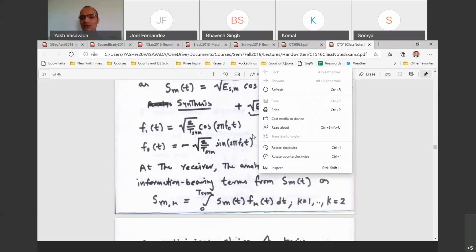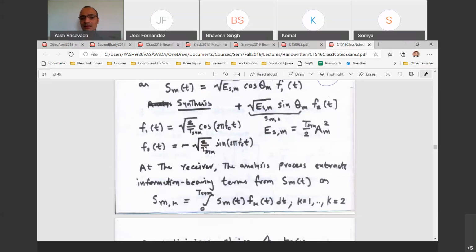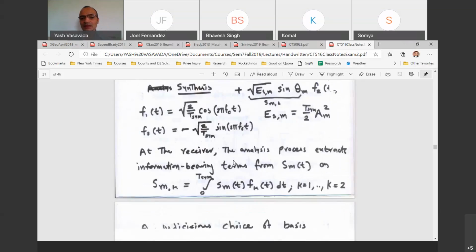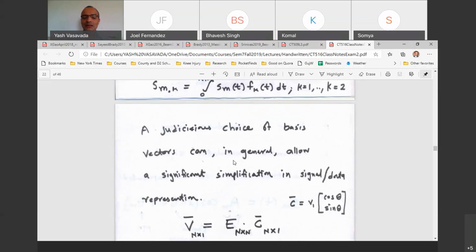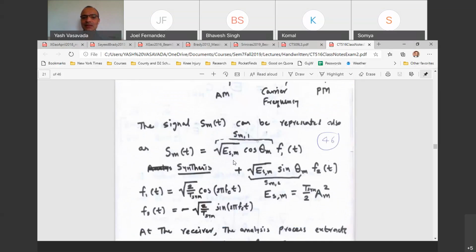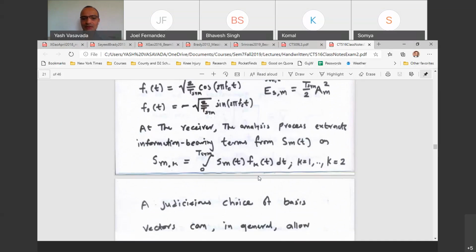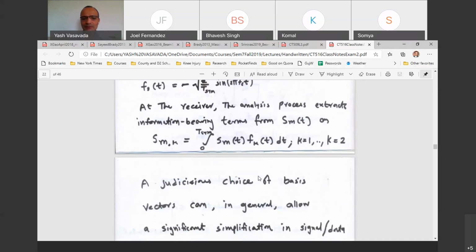Because this basis is orthonormal, the synthesis and analysis are inverses of each other. And so we get the original constellation coordinates back, S_m1 and S_m2. Okay, so this is what I think you all are familiar with.